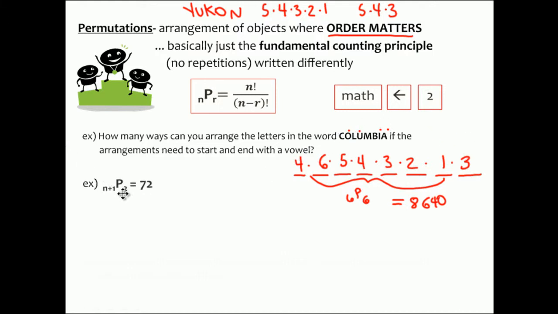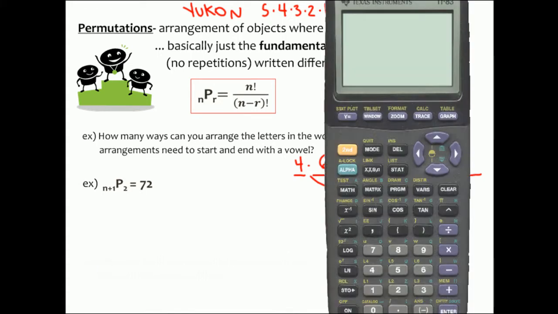So here's another example. We have n plus 1, picking 2 at a time equals 72. For this question, we would have to find out what n is. There's a number of ways you can approach this problem. One way is just trial and error, and you can use your calculator for this. You can find out what number picking 2 at a time will give us 72.